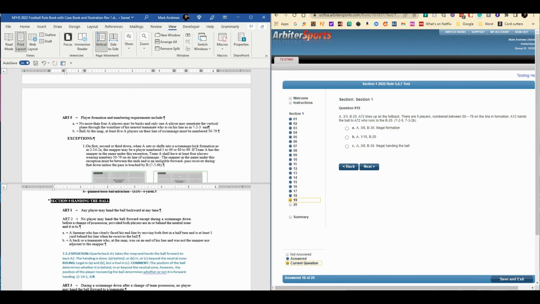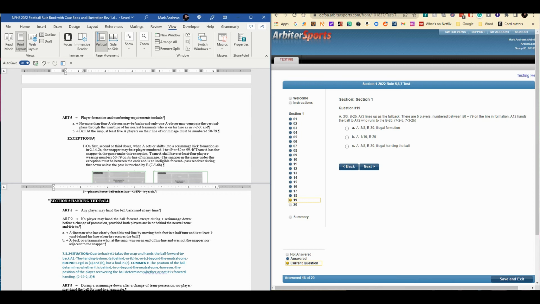Question number 19. A 3rd and 3 at the B25. A72 lines up as the fullback. There are 5 players numbered 50 through 79 on the line in formation. A12 hands the ball to A72, who runs to the B20.